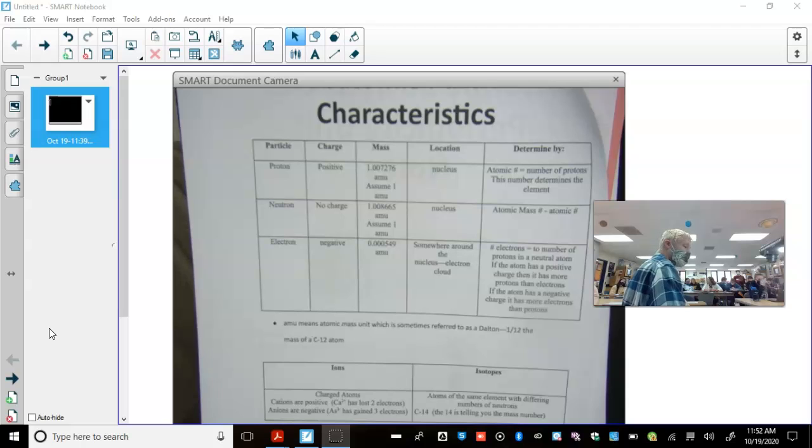That's the difference. Whereas an ion has same number of protons but different number of electrons. So ions and isotopes. Which subatomic particle, proton, neutron, electron, determines what the element is? Proton. You got an atomic number. If it's not number 1, then it's not hydrogen.